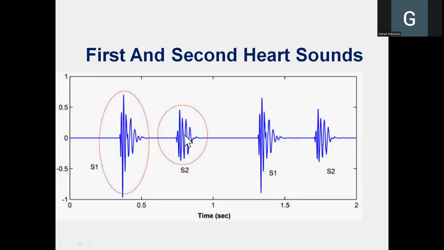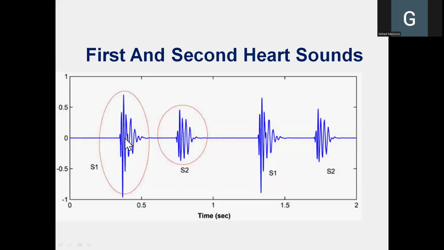This diagram is an audiogram, and it shows the first heart sound and the second heart sound. Where is systole? First heart sound is closure of the atrioventricular valves. Second heart sound is closure of the semilunar valves.